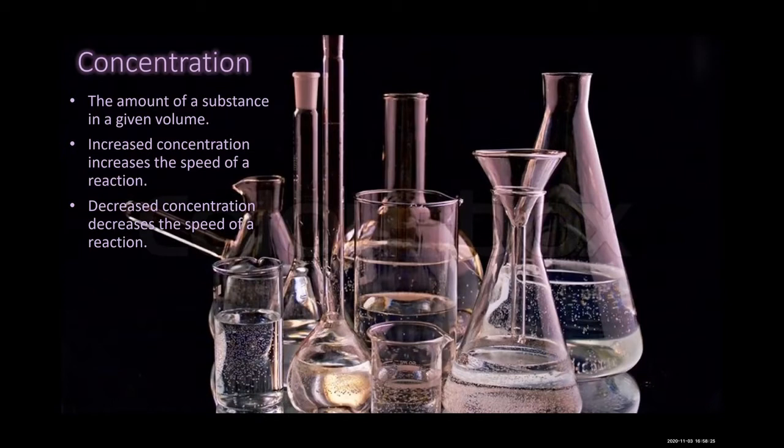If I have more of them, they are more likely to come in contact with each other. If I have less of them, or a decreased concentration, we are going to end up decreasing the speed of our reaction because it's less likely that they're going to bump into each other. When we decrease concentration on purpose, it's typically called diluting, and we can do that with water. In the lab today, we used some diluted hydrochloric acid, and that had been diluted with water.